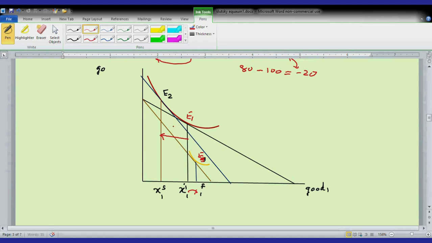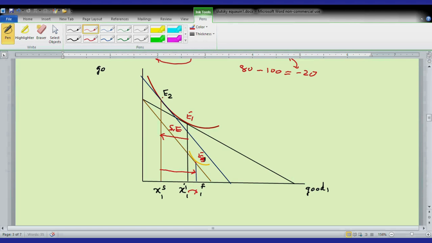So substitution effect is still saying that price and consumption of the good of which the price has increased will be moving in opposite direction. The income effect is saying that when you take away the compensation from the individual, the equilibrium moves from point E2 to point E3, and this is like saying that the consumption of good 1 increases after the income goes down.